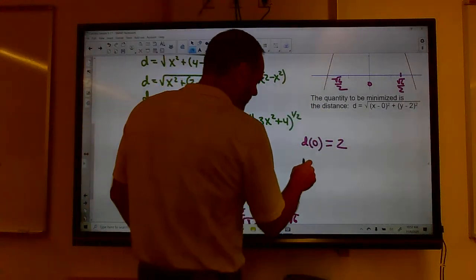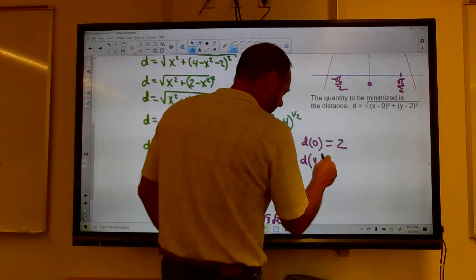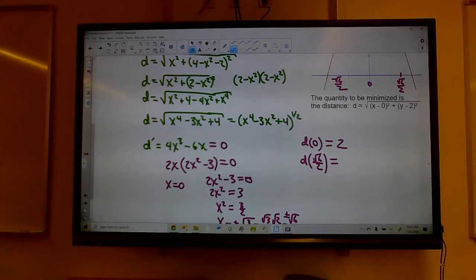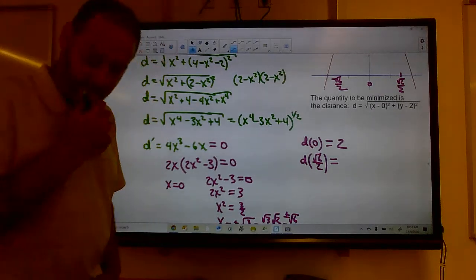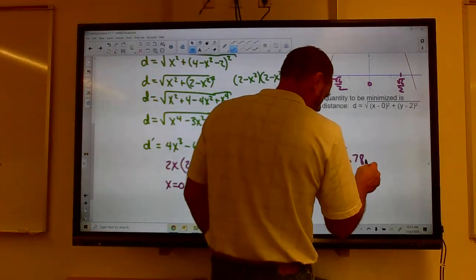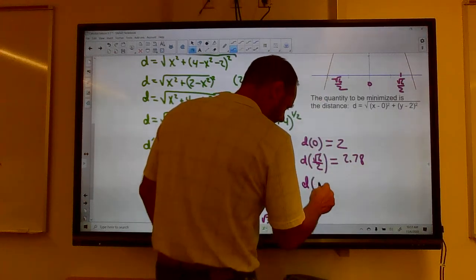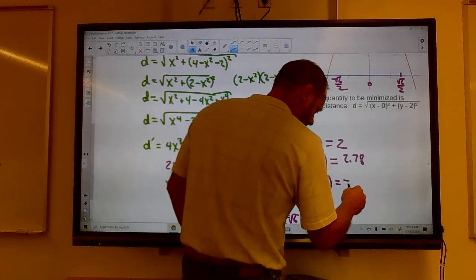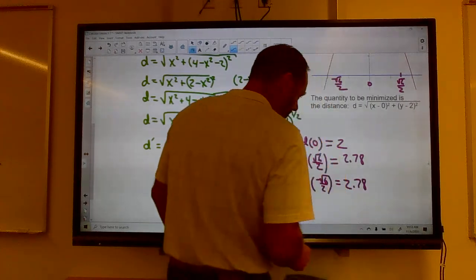I'm going to go ahead and plug in d of square root of 6 over 2. When I do that, I can do that on my calculator. That comes out to be 2.78 approximately. And d of negative square root of 6 over 2 is also 2.78.